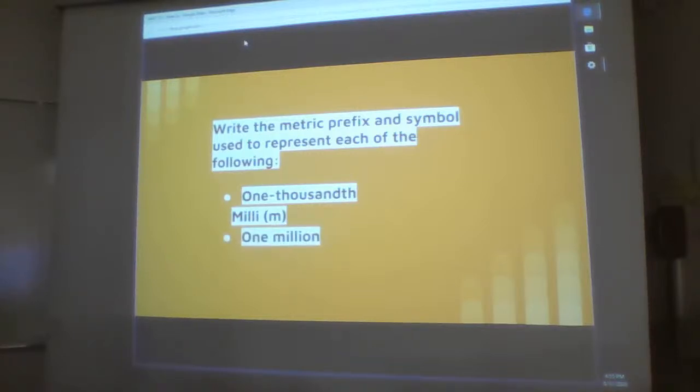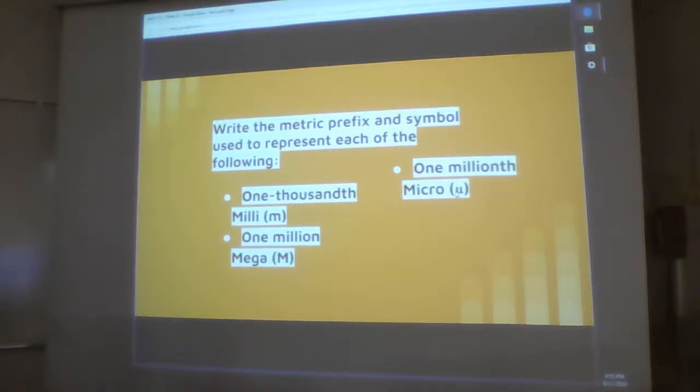The metric prefix and symbol for 1 million, as a whole number, was mega, and the symbol, capital M. And 1 millionth, meaning 1 over 1 million, was micro. The symbol for that was that funky little U. And 1,000 as a whole number, the prefix for that was kilo and the symbol lowercase k.